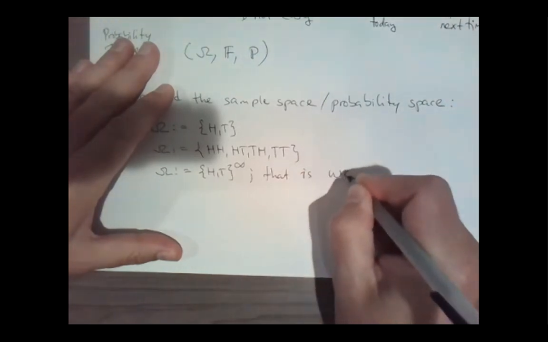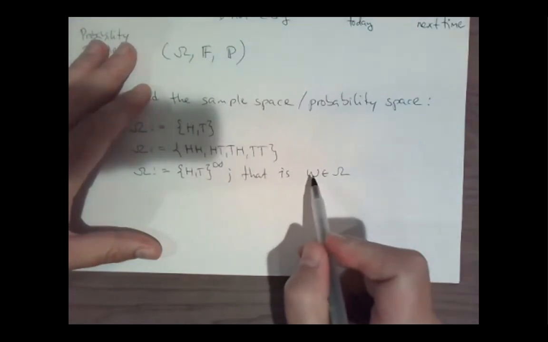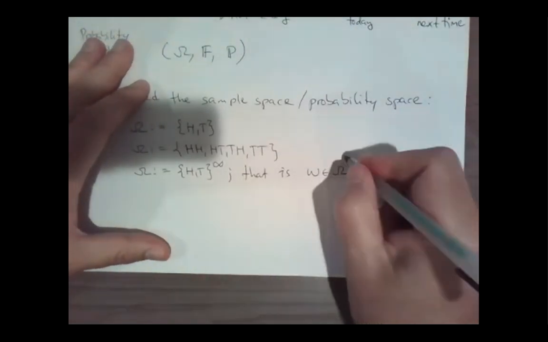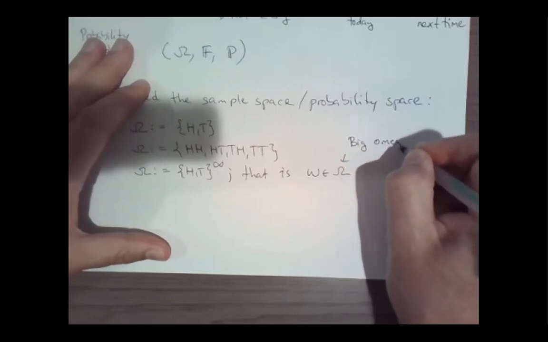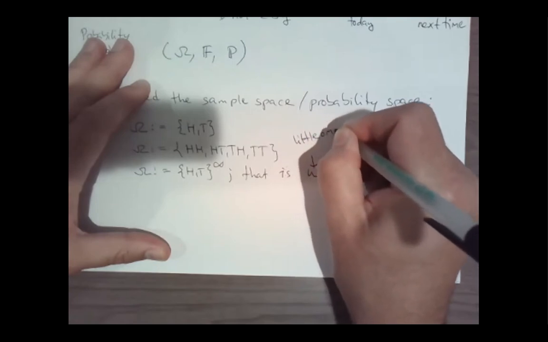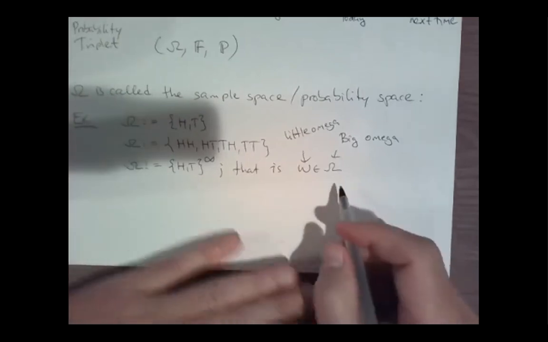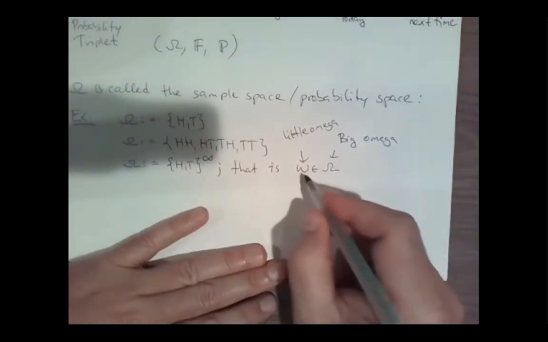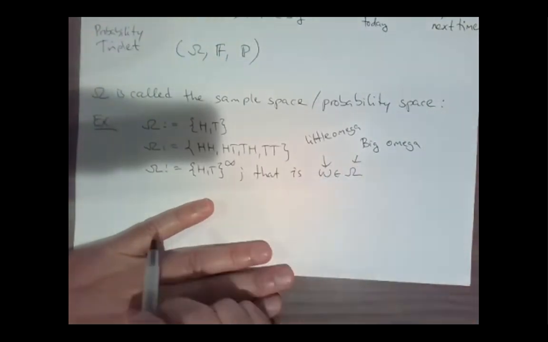So that is, if I take an element omega, so this thing that looks like a W, this here is a big omega. This one here is a little omega. It looks a lot like a W, but that's how the little omegas are written. So I take an element in my sample space, and this element will be a string.